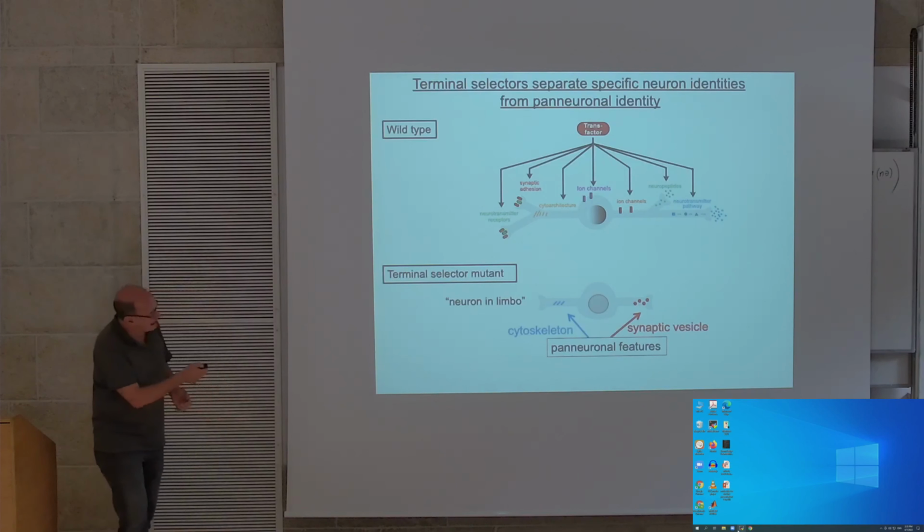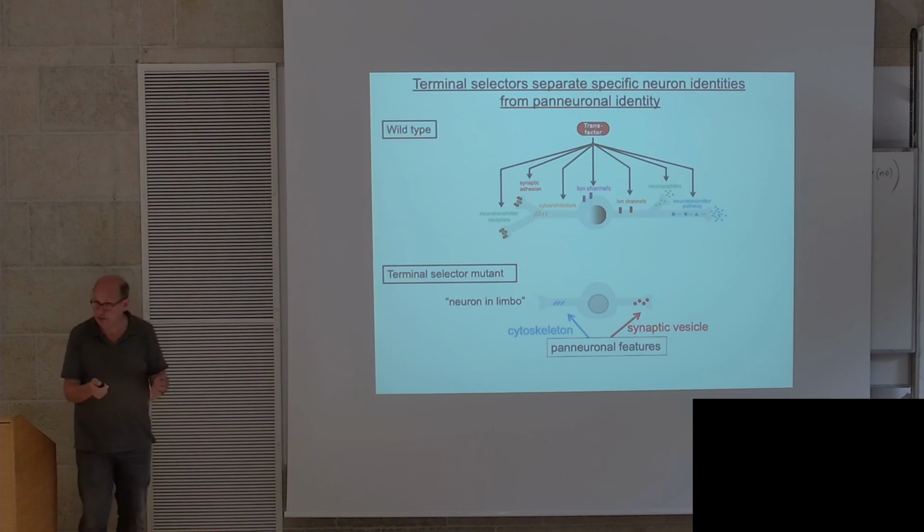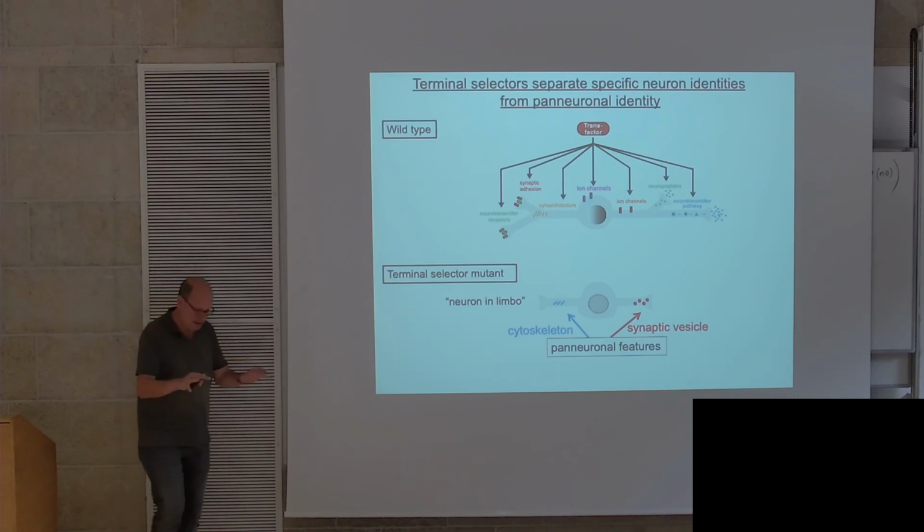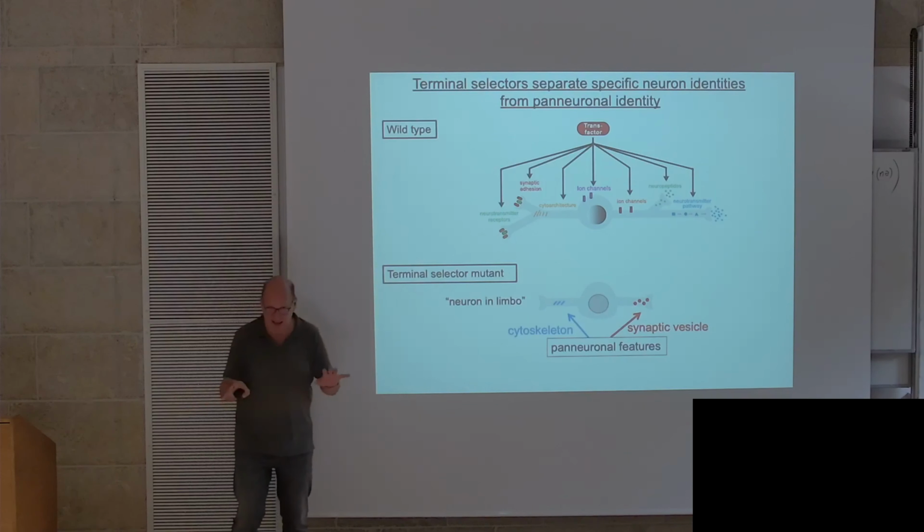And what our genetic analysis in C. elegans has shown, and a few studies in vertebrates had shown that as well, is that if you remove the individuality of a neuron by taking away these identity-specifying transcription factors, you usually leave that stuff completely unaffected. This is important because it tells you that if a neuron acquires its functional features, you can genetically separate its individuality from just being a generic neuron.